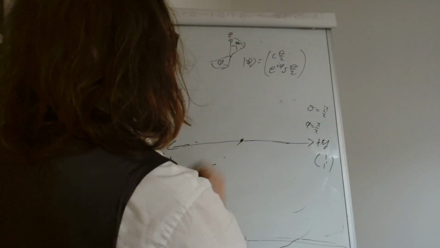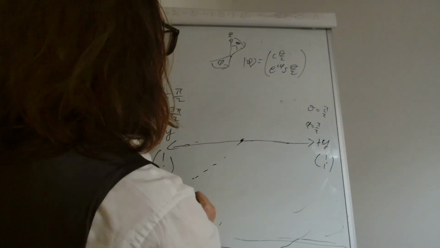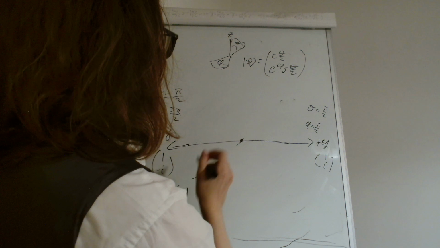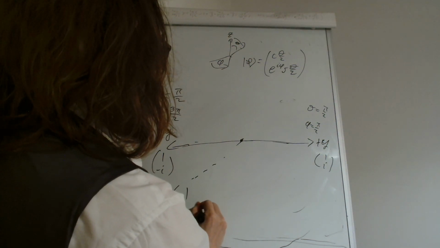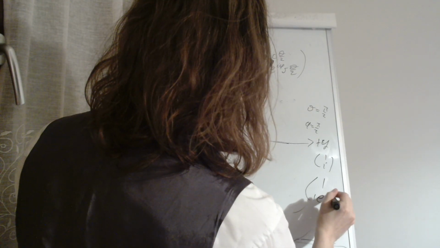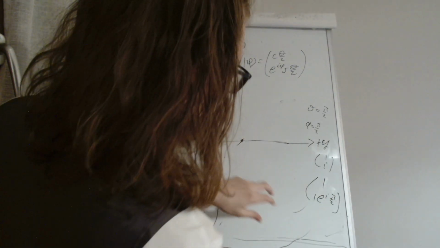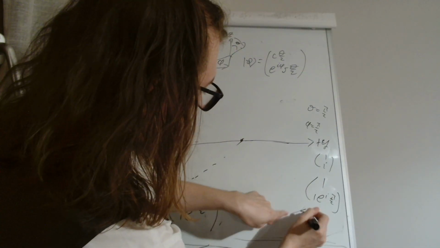So we have 1 times the phase e to the i 3 pi divided by 2, and here 1 times the phase e to the i pi divided by 2. Now e to the i pi divided by 2, this phase is i. So here we have 1 i.